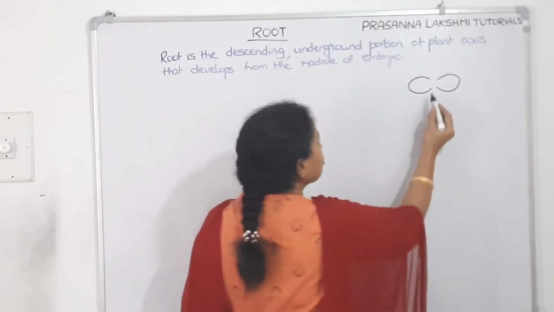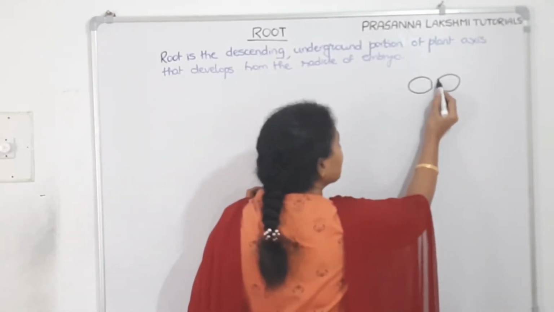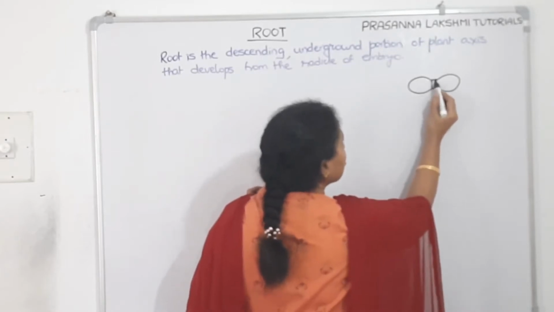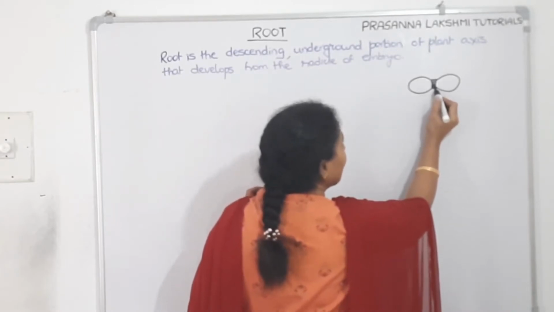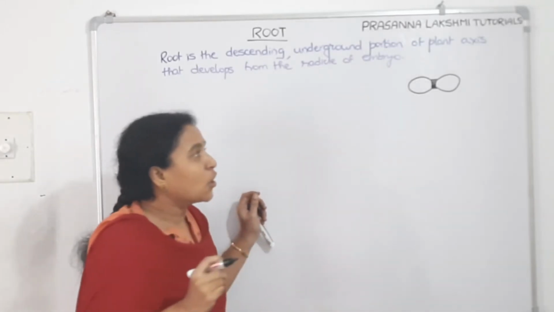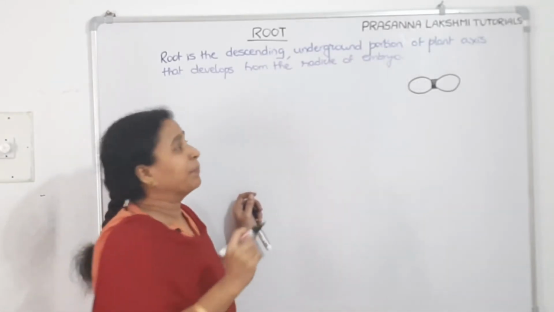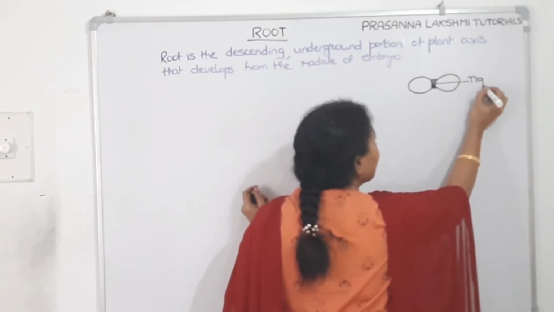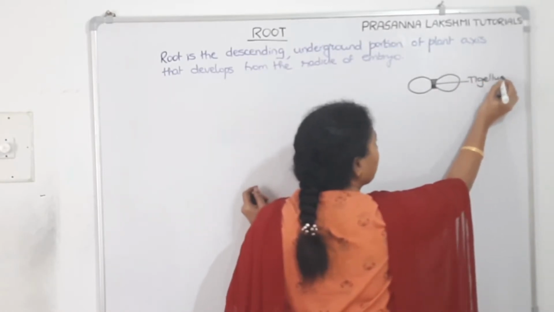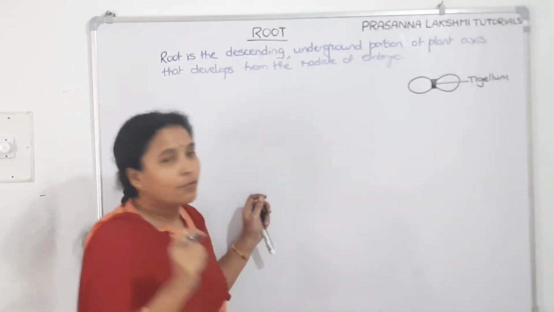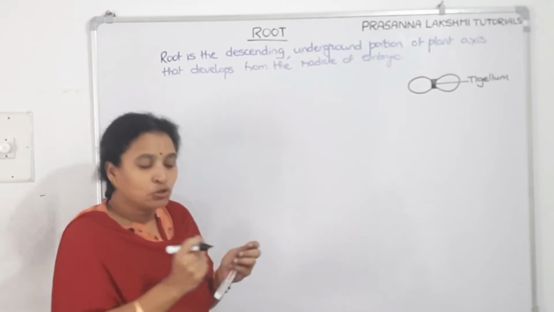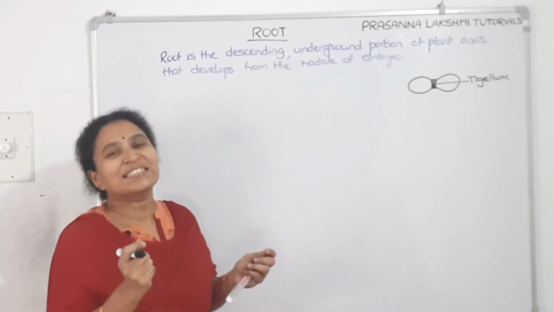Now the portion of the embryonic axis which is attached to the cotyledons, this portion, is called as tigellum. What is this portion of the embryonic axis called? Tigellum.